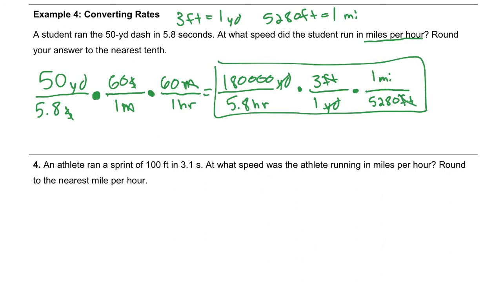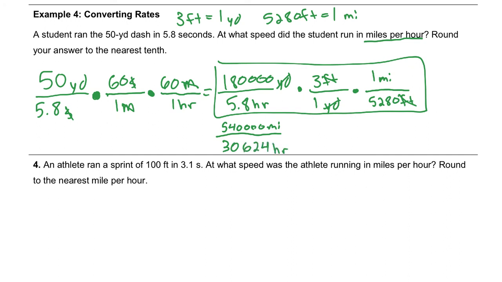So I'm going to take my 180,000 times 3 times 1, which is 540,000. So big number. And I'm going to divide that by 5.8 times 1 times 5,280, which is 30,624.